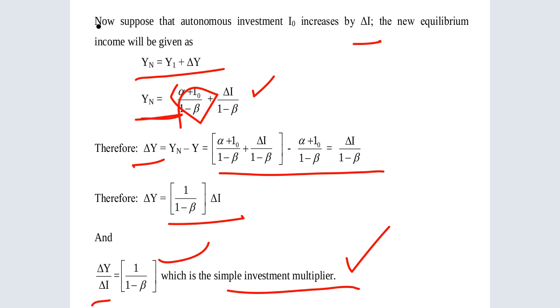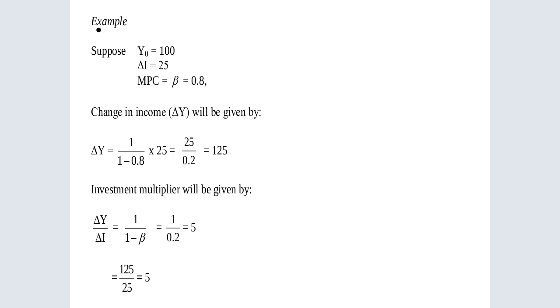So this expression is what we refer to as the investment multiplier. So for a closed economy, the multiplier is very simple, as can be seen. But where we have an open economy, which includes the external sector, then our multiplier would be a bit more detailed.